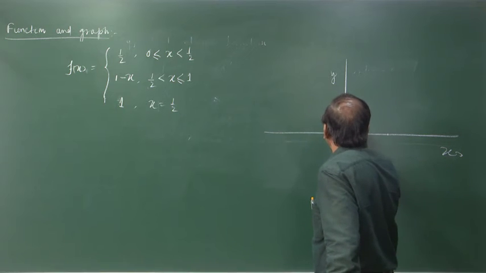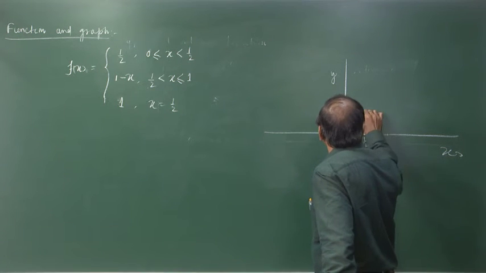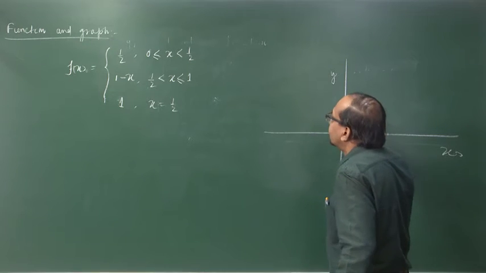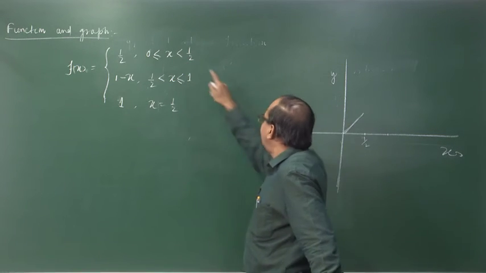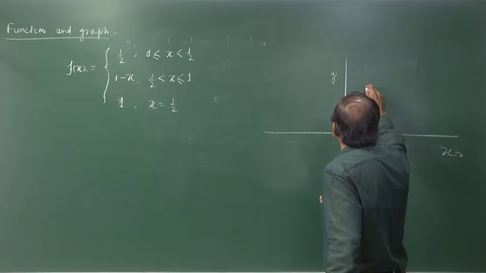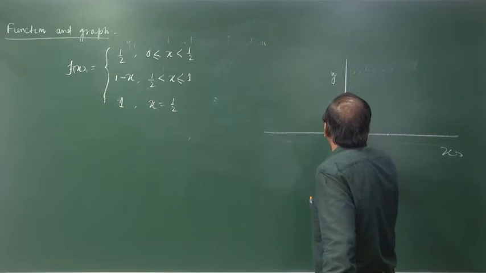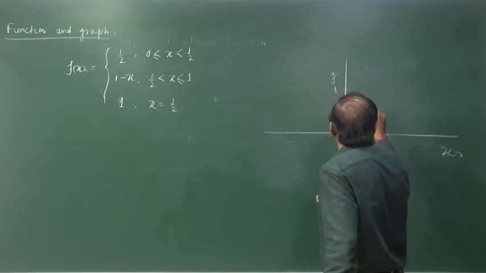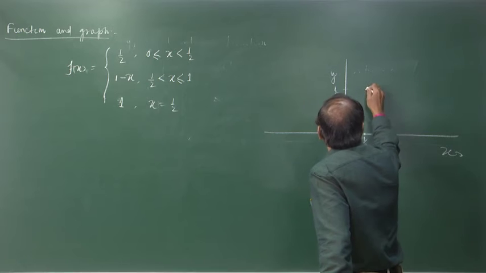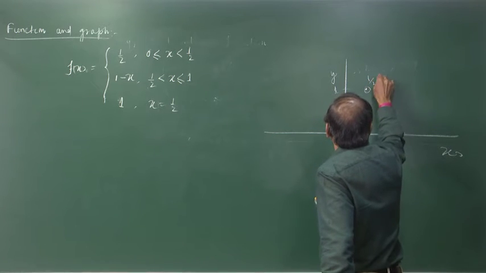That means y is equal to x, the graph is a straight line. As long as x is less than half, it is like this, but at half, say this is half and this is y value 1. At half, the y value is 1. So, this is the point half and 1.